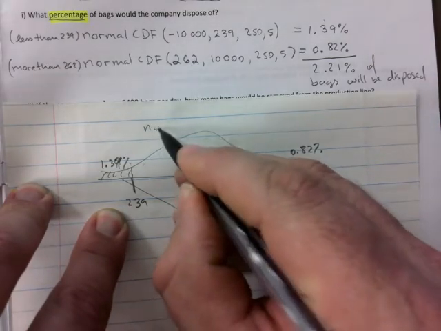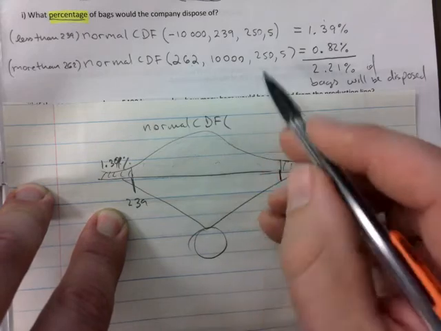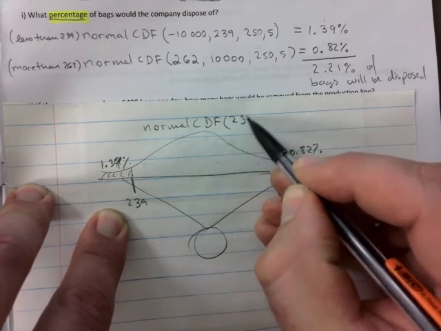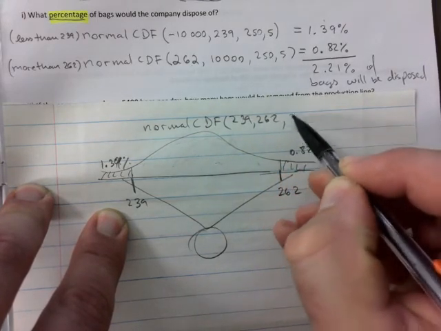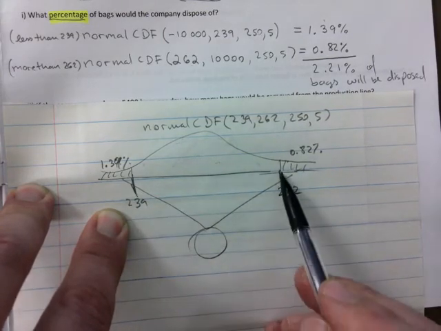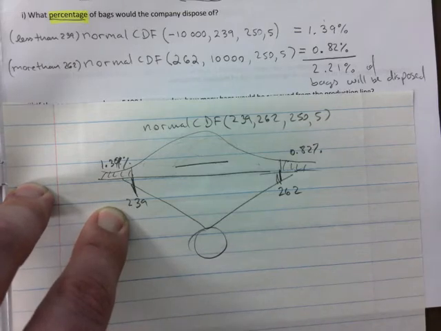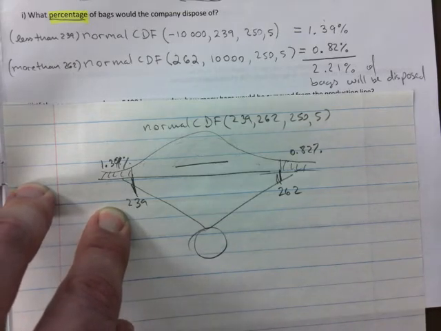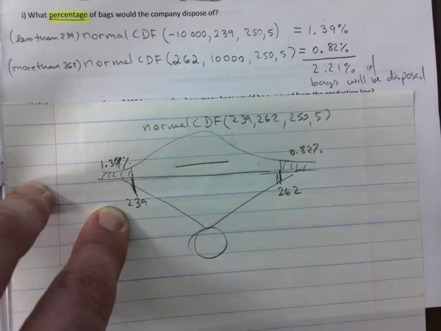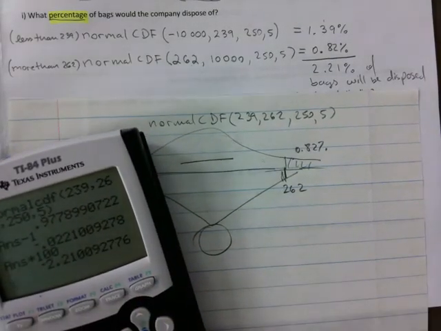So let's try that. Normal CDF. I'm just going to go from 239 to 262, with 250 and 5. Like if I go from here to here and find the percentage of bags that are kept. Does that make sense, or am I talking nonsense here?